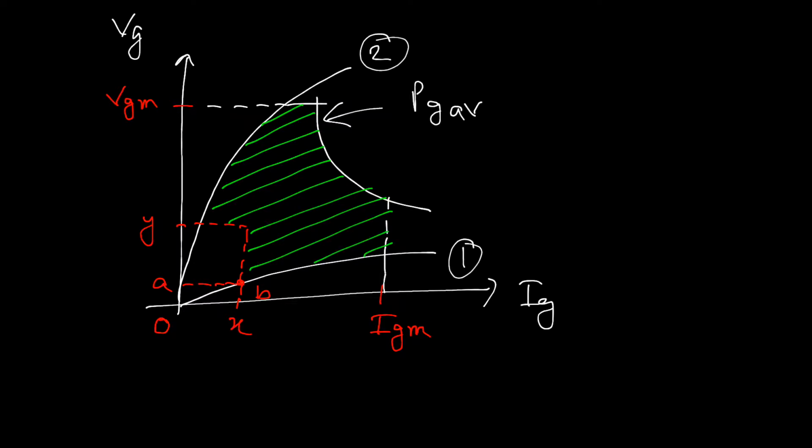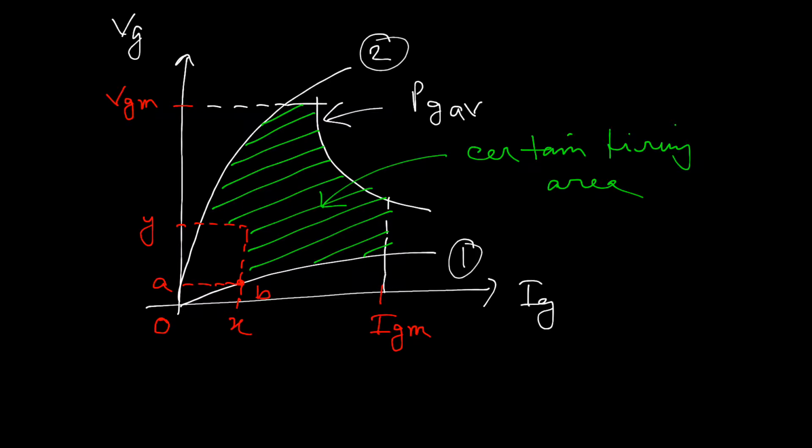Means the thyristor must be turned on by using any value of Vg and Ig in between this particular green colored area. Okay, that is why this is called the area of certain firing.